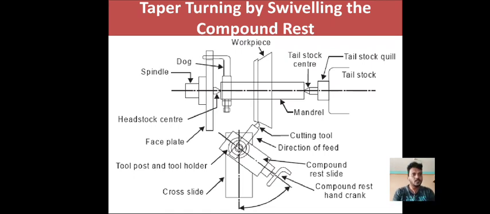Now bring this tool in contact with the workpiece, so that the movement will be like this: parallel, perpendicular, right to left and left to right, through sliding actions, so that the work will be formed in the taper direction. Okay, this is taper turning by swiveling the compound rest.